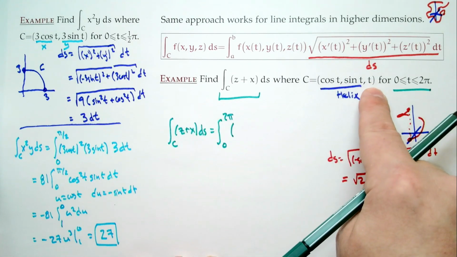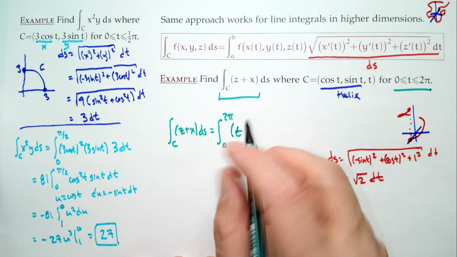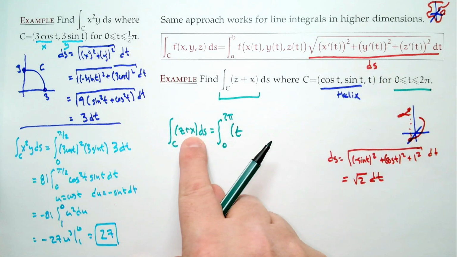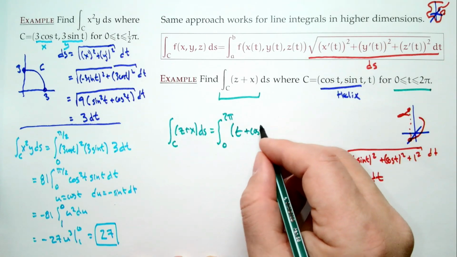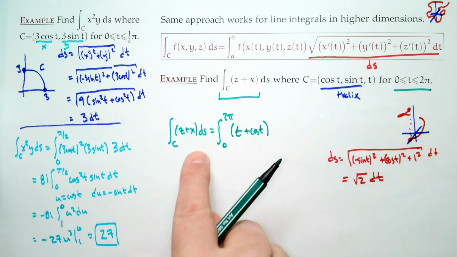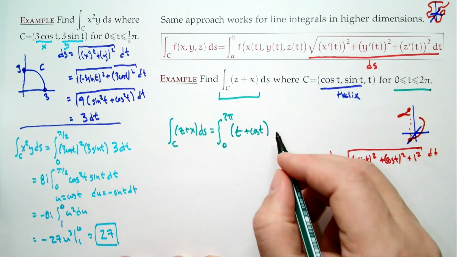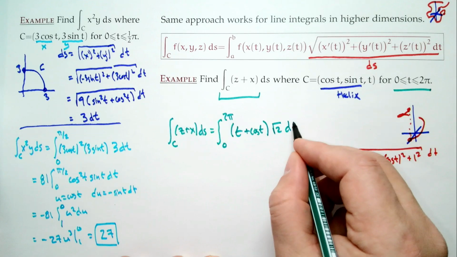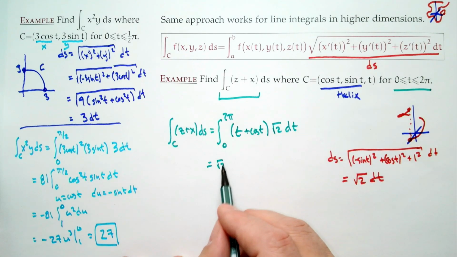We put t, because that's what z is in terms of t. Where we see x, what do we put? Cosine t. So t plus cosine t. And where we see a ds, we put what we computed. It becomes square root of 2 dt. And now, this is not so bad. The square root of 2 is a constant.